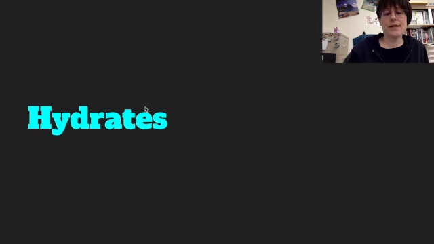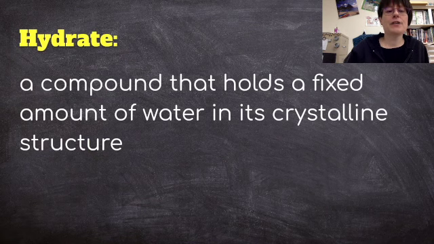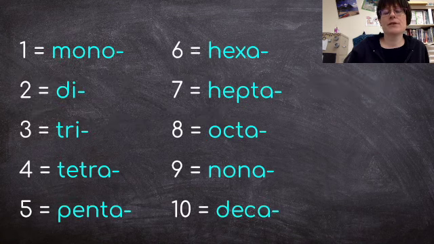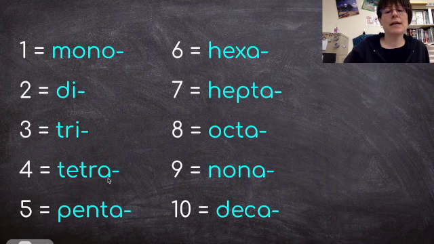And hydrates. A hydrate is a compound that holds a fixed amount of water in its crystalline structure, and we indicate that in its name. We use Greek prefixes for the number of water molecules. So here's a reminder of your Greek prefixes. 1 is mono, 2 di, 3 tri, like a triangle, 4 tetra, like the game Tetris.